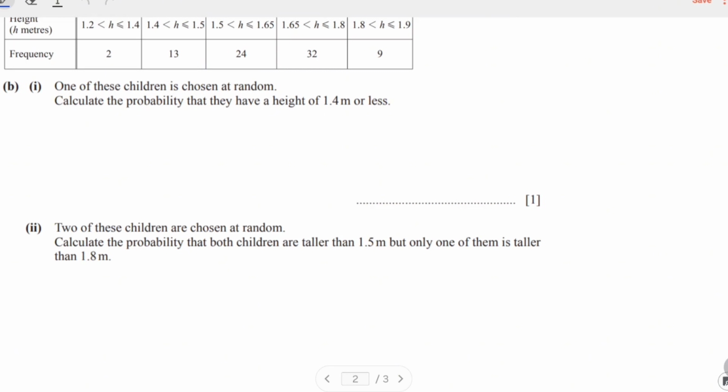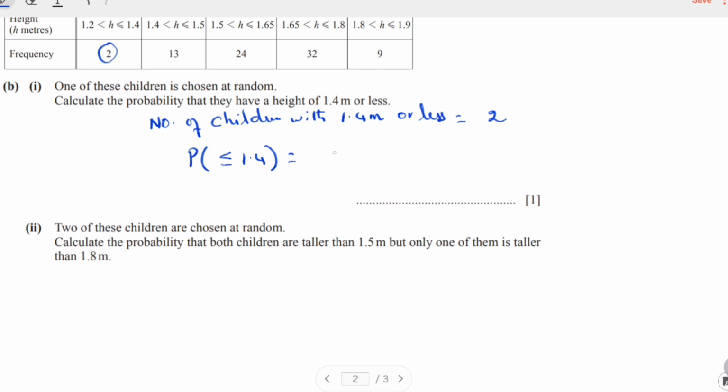First, let us find the number of children with height 1.4 meters or less, which is 2, because this is a category. So the probability of a child less than or equal to 1.4 is 2 by 80. If I simplify this fraction, I get 1 by 40.